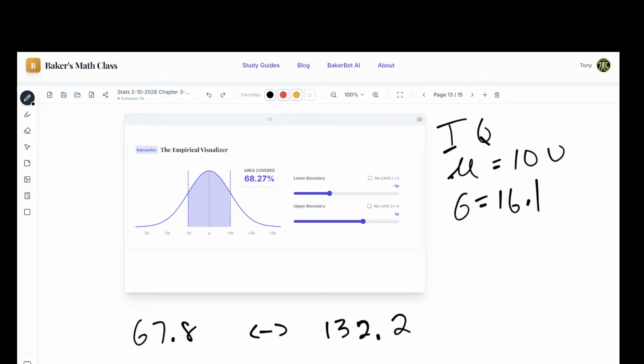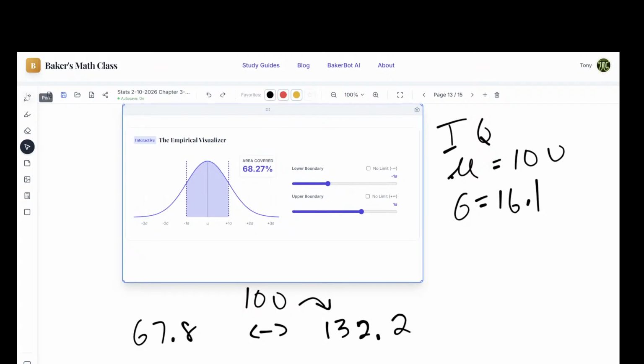So what you need to do, and you can use this visualizer to do it, but what you need to do is you need to figure out how many standard deviations away they are. Okay? So how many times do I need to add 16.1 to 100 to get to 132.2? It's plus 2.